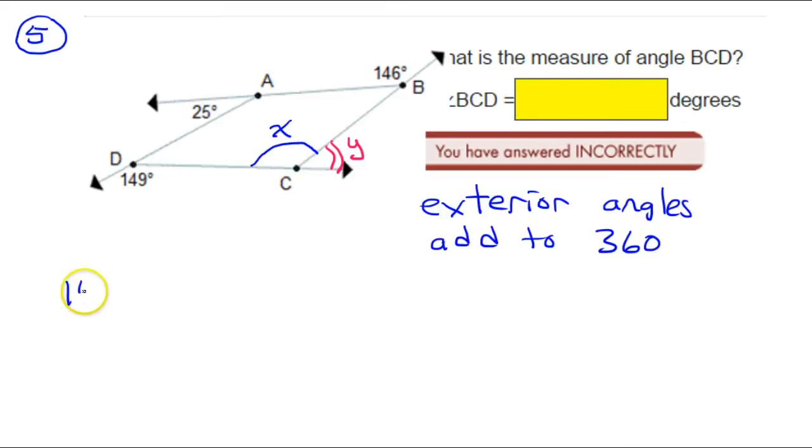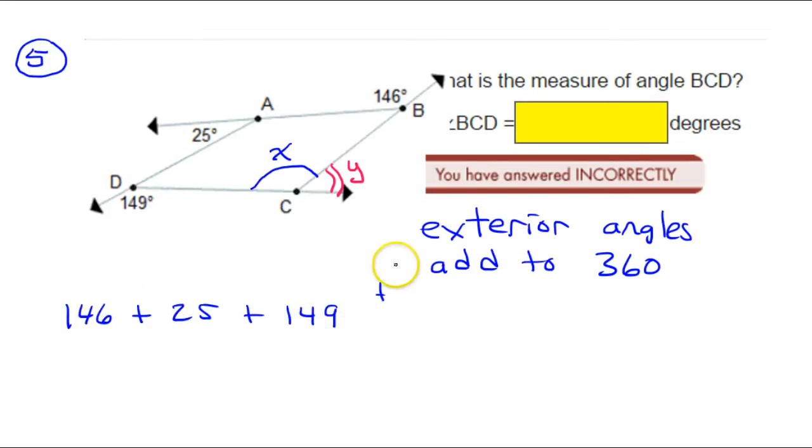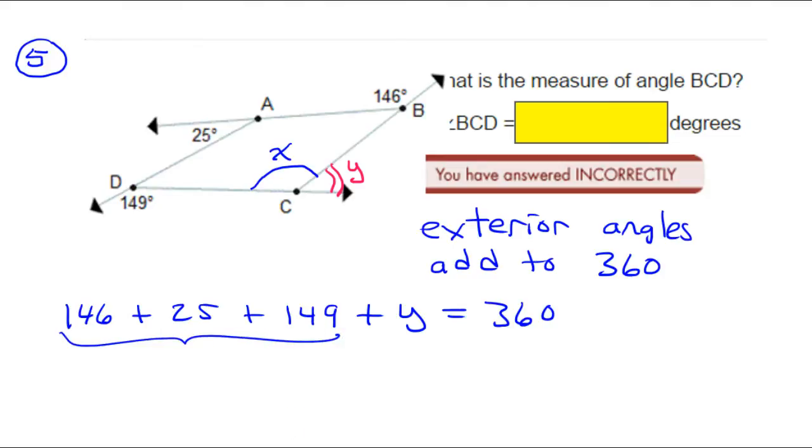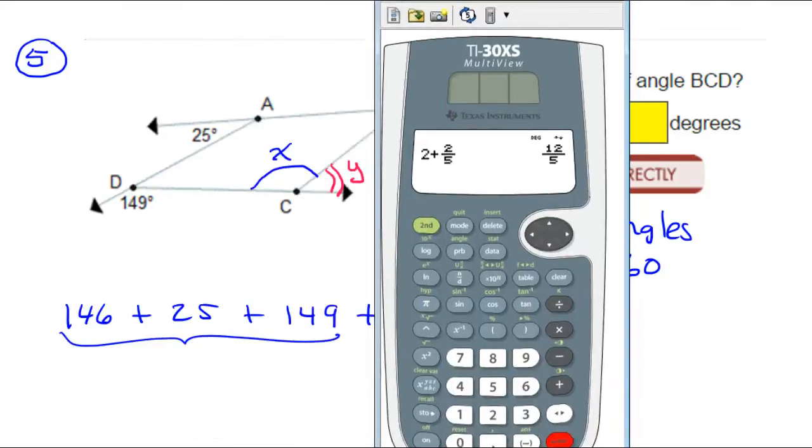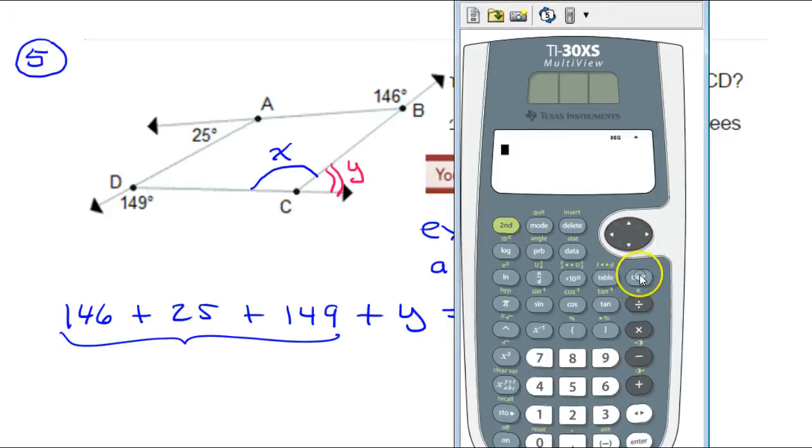So let's see, 146 plus 25 plus 149 plus Y should equal 360. Let's go ahead and see what these 3 add up to be. That rhymes. Okay, so that's 146 plus 25 plus 149.